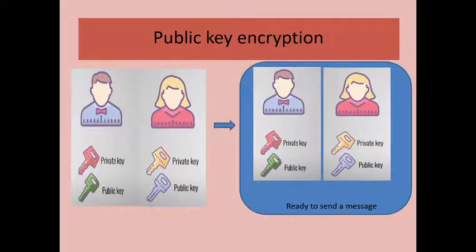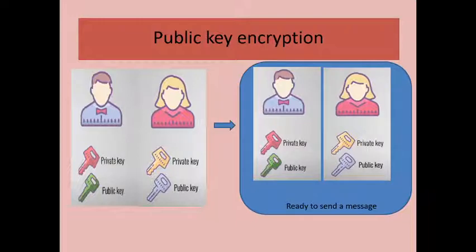Now we will consider this example. Now you can see there are two similar persons, Bob and Alice. Now what's going on here? Bob wants to send a message to Alice.